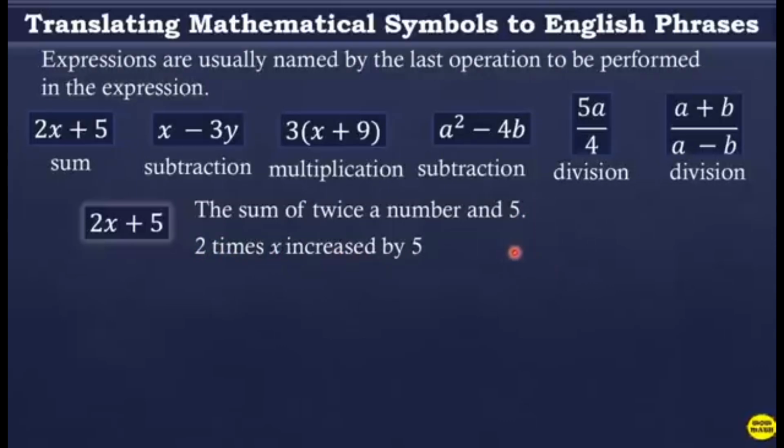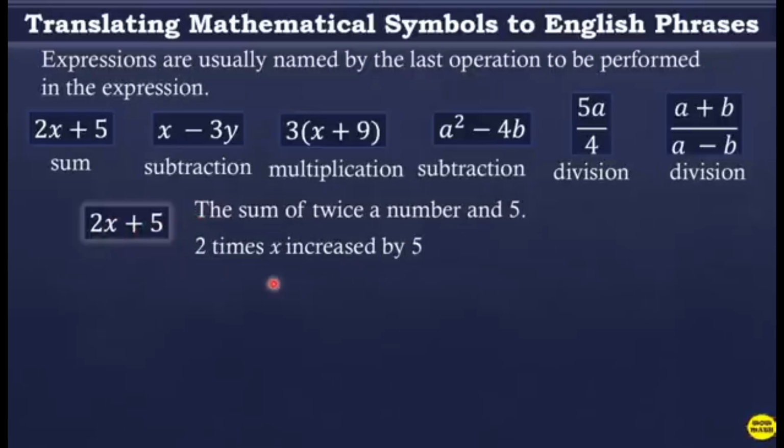We can also say 5 more than twice a number. Again, there is no exact answer or translation as long as you have translated it properly based on the given expression or symbols.